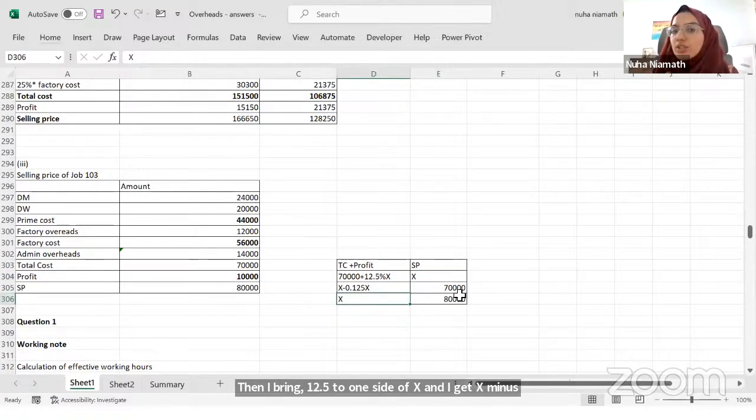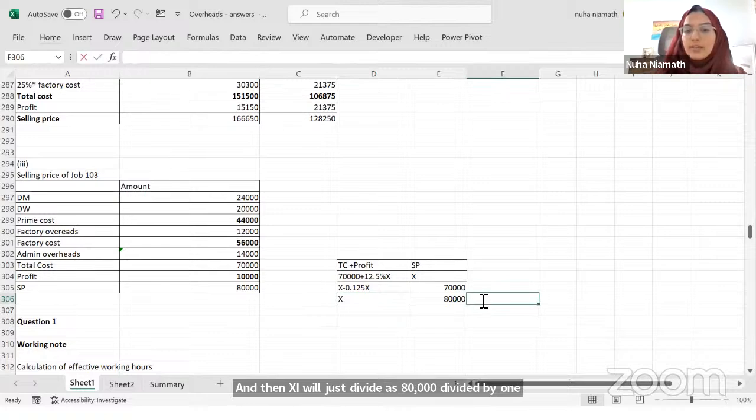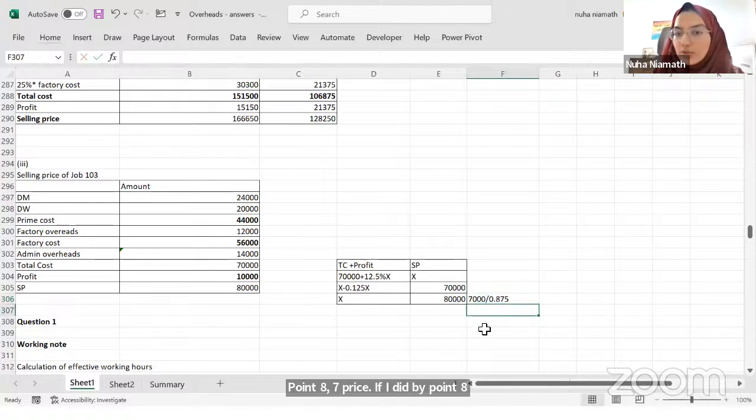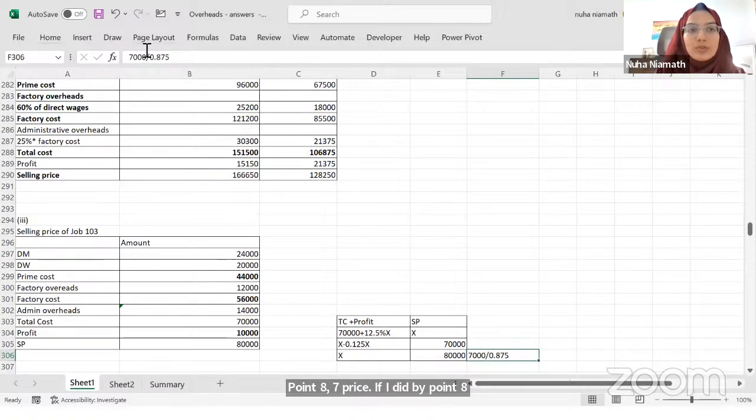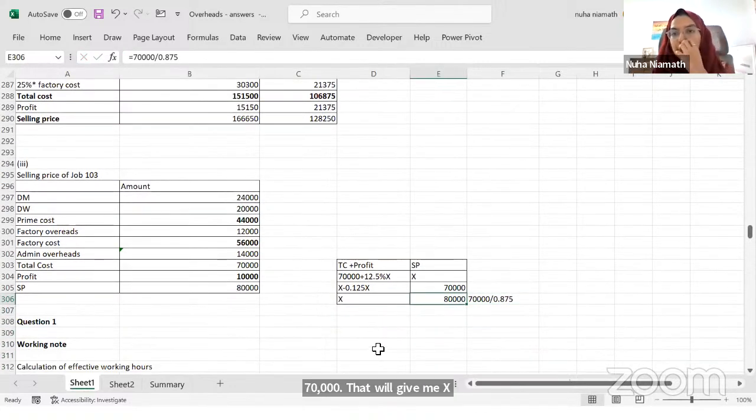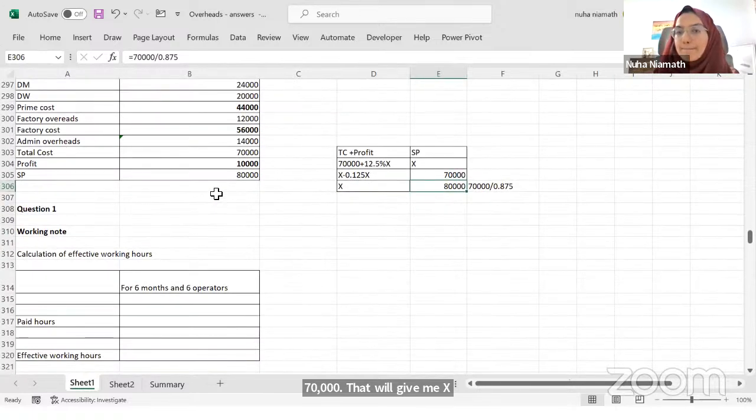And then I will just divide 70,000 by 1 minus 0.125. 1 minus 0.125 is 0.875. So 70,000 divided by 0.875 will give me X as 80,000. Is it clear, Anjali? X is my selling price.